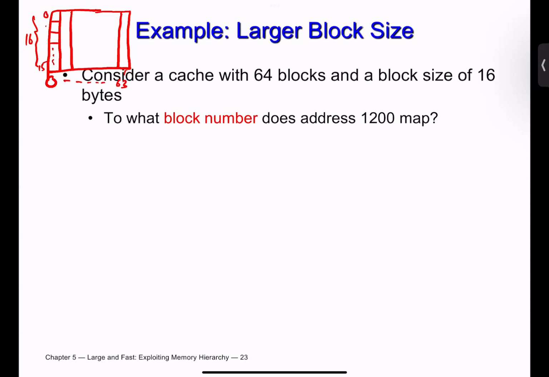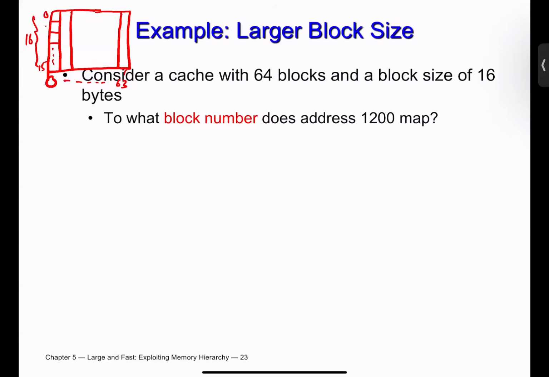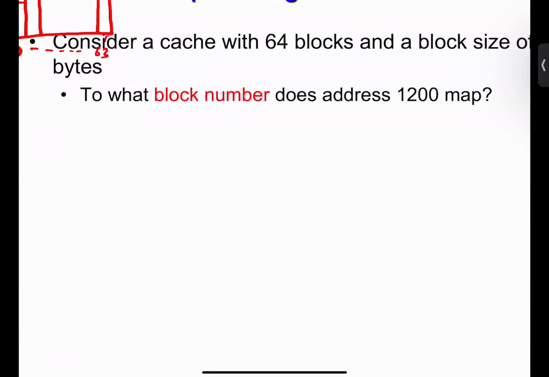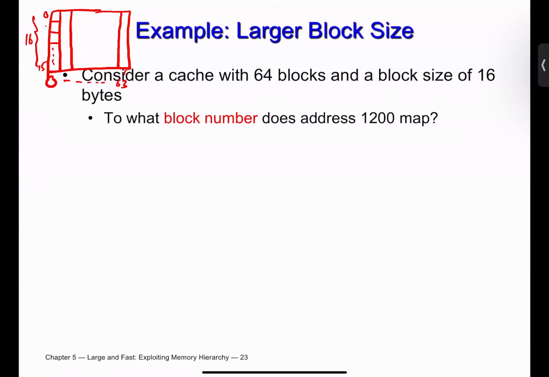There are actually many different ways that we can think about that. In another sense, you can think of each location like that. You begin with 0, 1, 2, all the way till 15, and then 16, 17, 18, and so on. And I'm asking you, where is 1200? Or in another sense, 1200 is in which block?